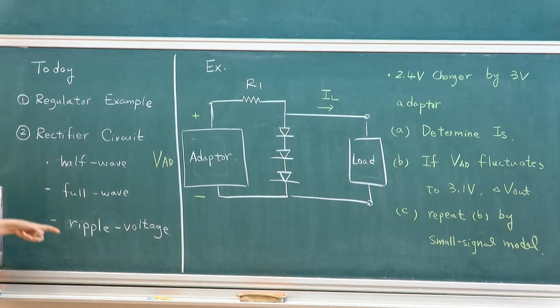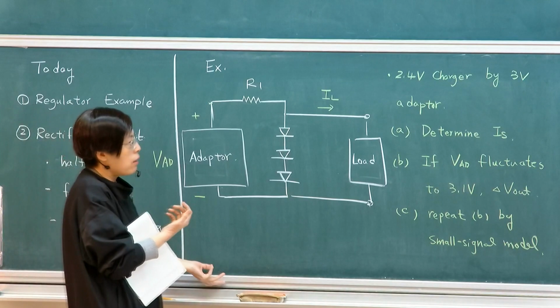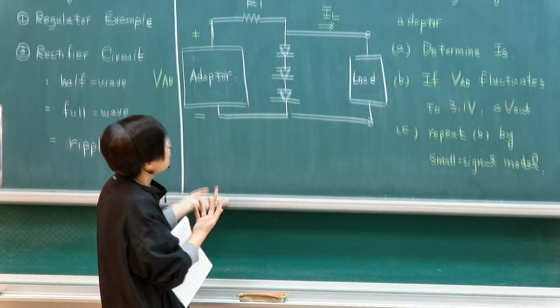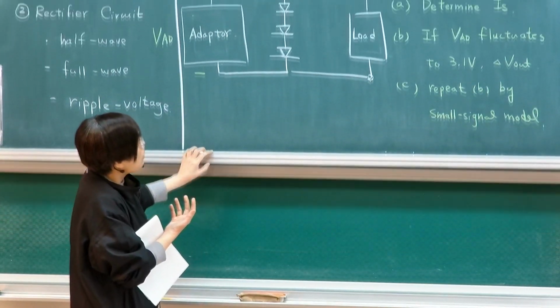One of the key parameters is, of course, ripple voltage. That's the spec. As I said, any circuit has its spec, meaning what is the target, what is the problem they wish to address, what is the target level, how do you analyze this target level, and how do you improve that? That's the key in designing or understanding a circuit. So let me talk about this.